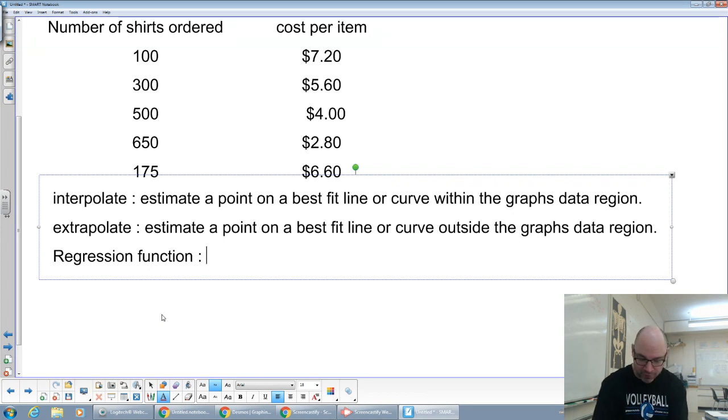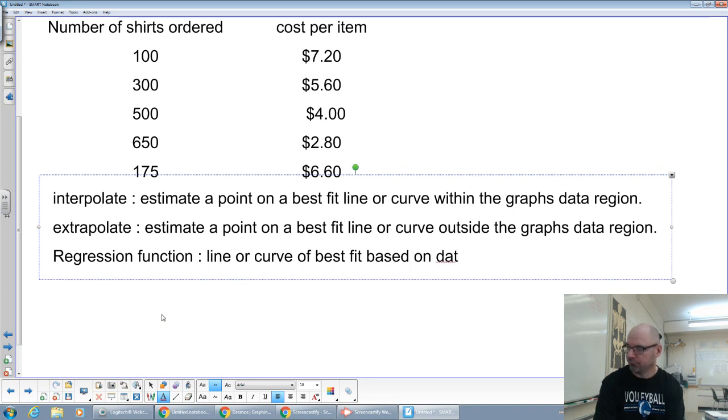A line or curve of best fit based on data. So what we're going to do is develop this line of best fit today using these numbers.